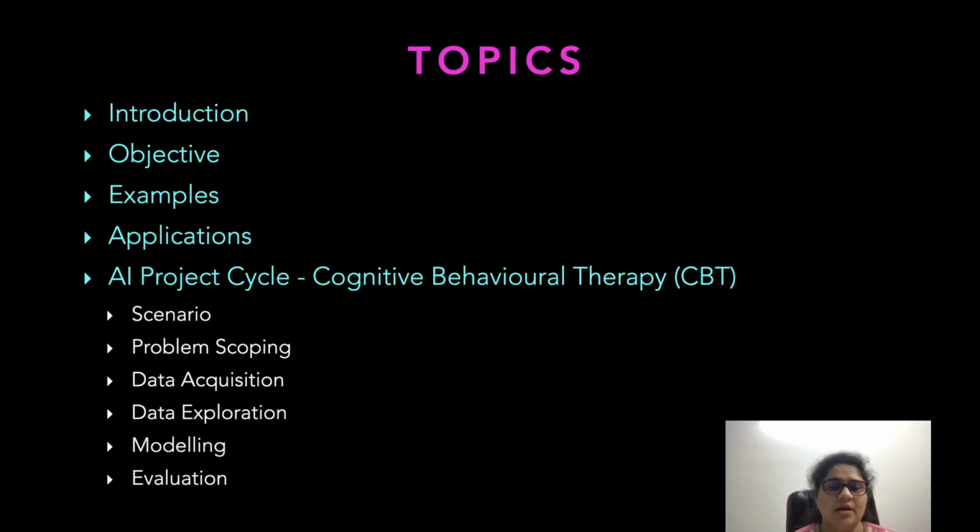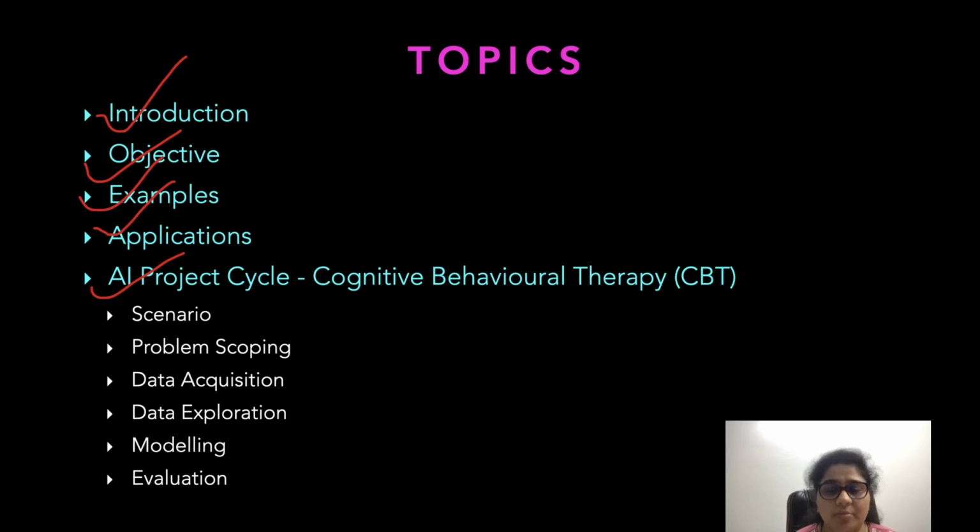All right. So here is the list of topics again which we targeted to cover in this session. What all have we covered? We have covered the introduction of NLP, followed by objectives, examples and applications of NLP. Then we discussed the AI project lifecycle by taking CBT as a scenario, which is part of your curriculum, right?